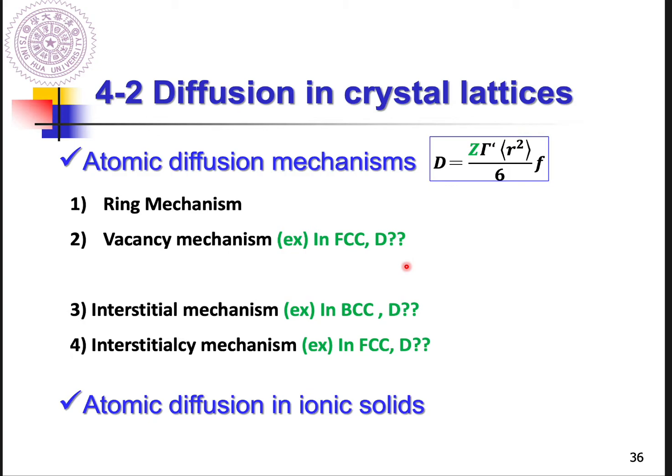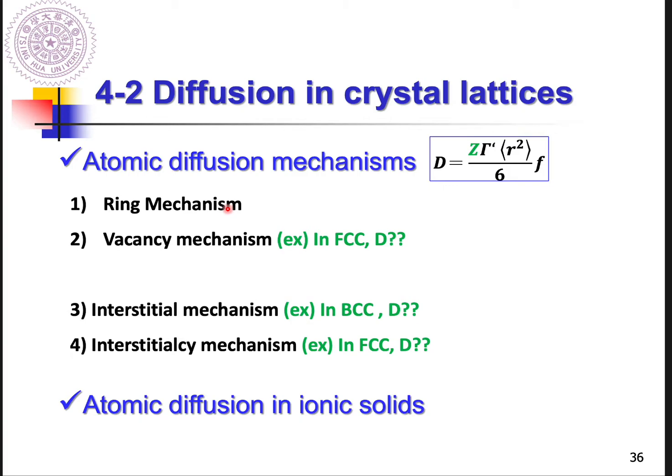Okay, so let's give you a quick review of the previous class. We introduced 4 different kinds of atomic diffusion mechanisms in crystal lattice. The first one is the ring mechanism. That means the diffusing host atom exchanges its site with nearby or surrounding host atoms, or they move together simultaneously.